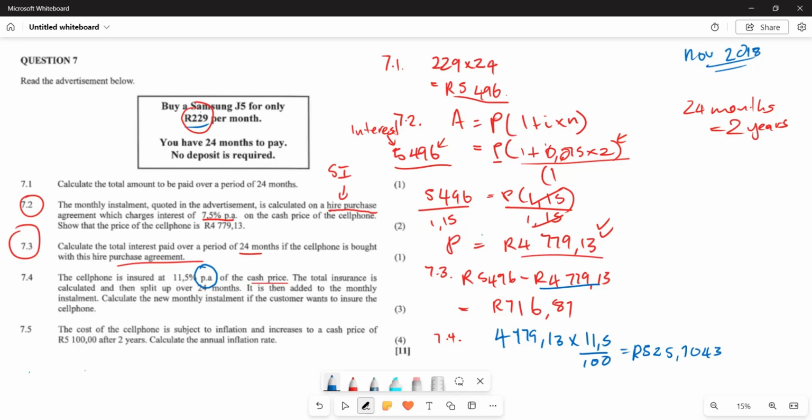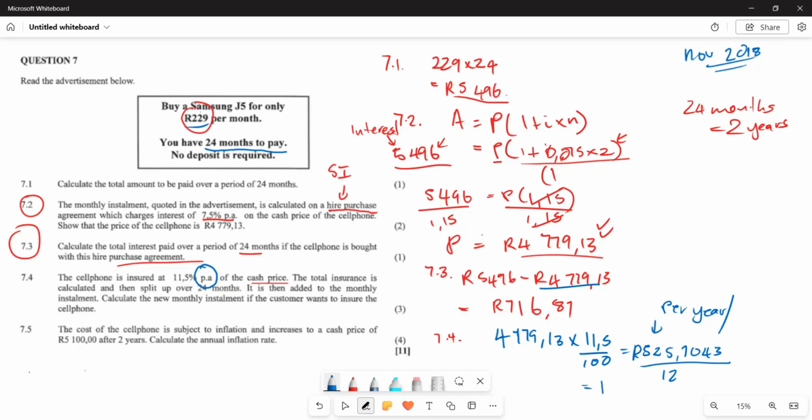You're going to come back here and divide this by 12 to calculate the monthly installment of this. This is the insurance per year, and if you want to know the monthly amount, because they say it's paid over 24 months, which means the installment is paid monthly, you're going to divide by 12.